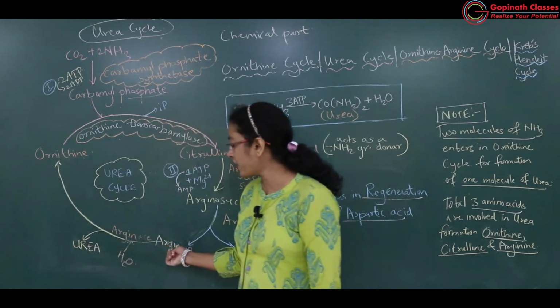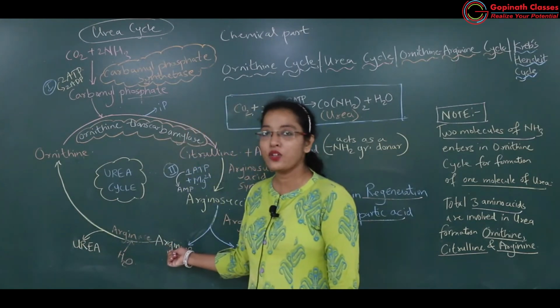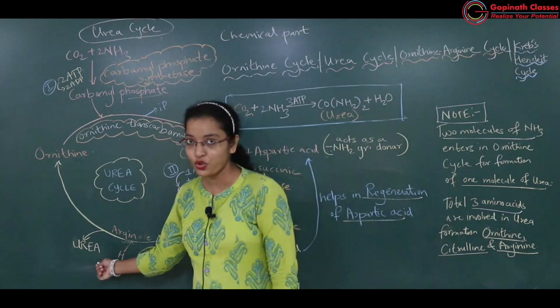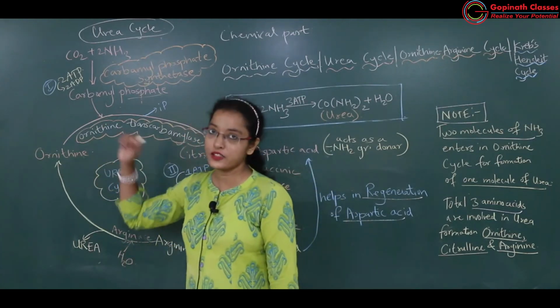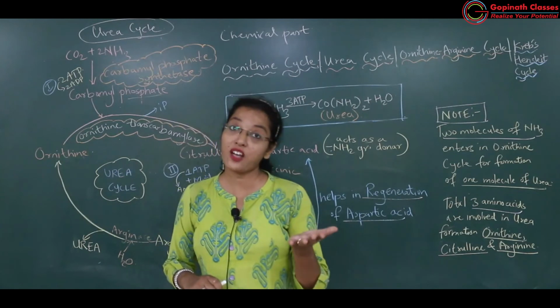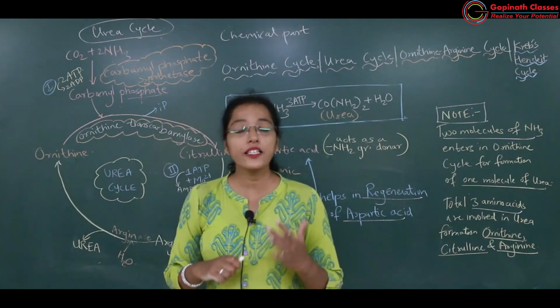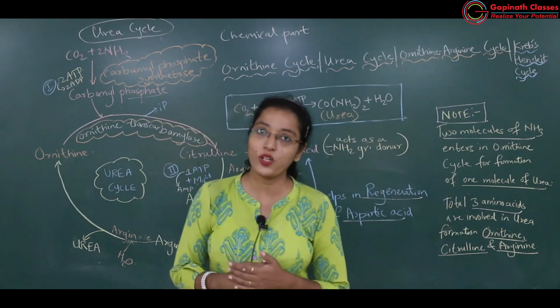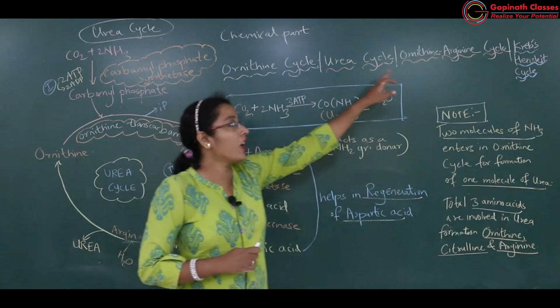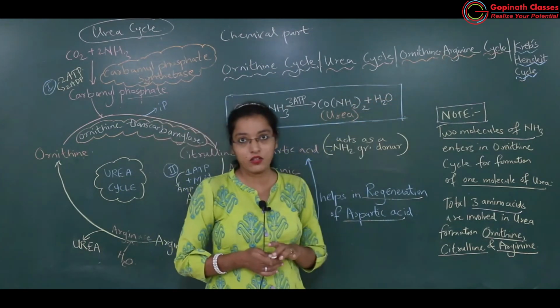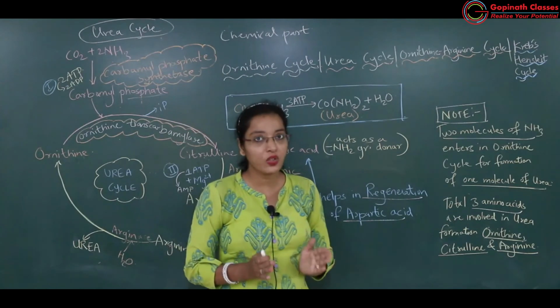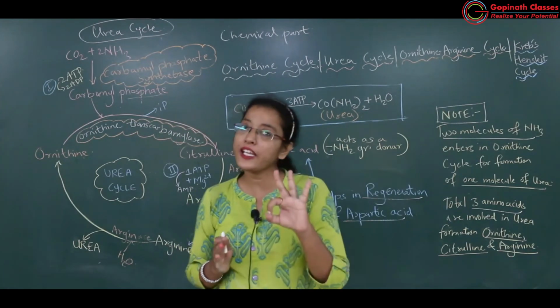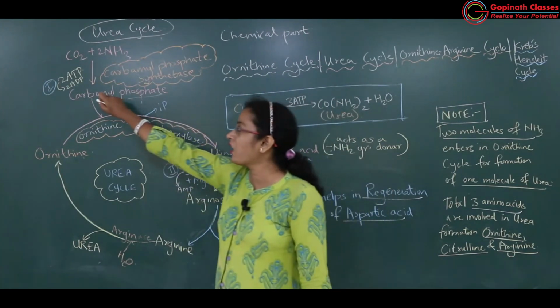So, arginine is the final amino acid which is leading to formation of urea, and ornithine is the first amino acid which is starting the urea cycle. That is why urea cycle is also known as ornithine-arginine cycle.